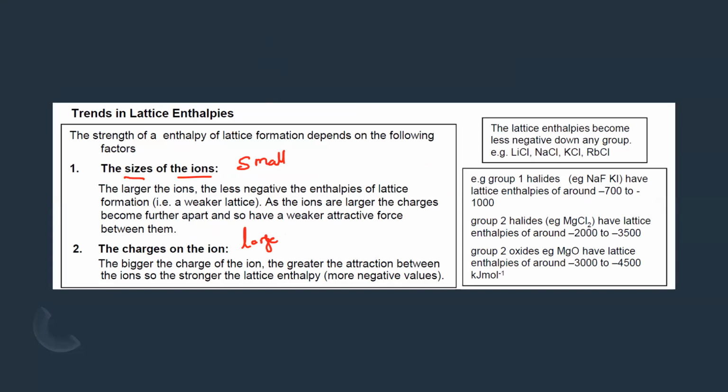So for example, we have two compounds: one is sodium chloride, another one is lithium chloride. Lithium atom will have 2 electron shells, but lithium ion will have only 1 electron shell.